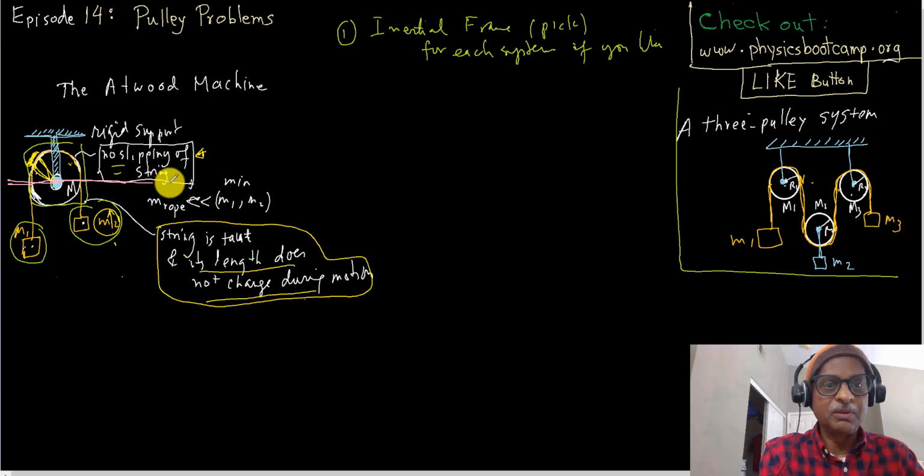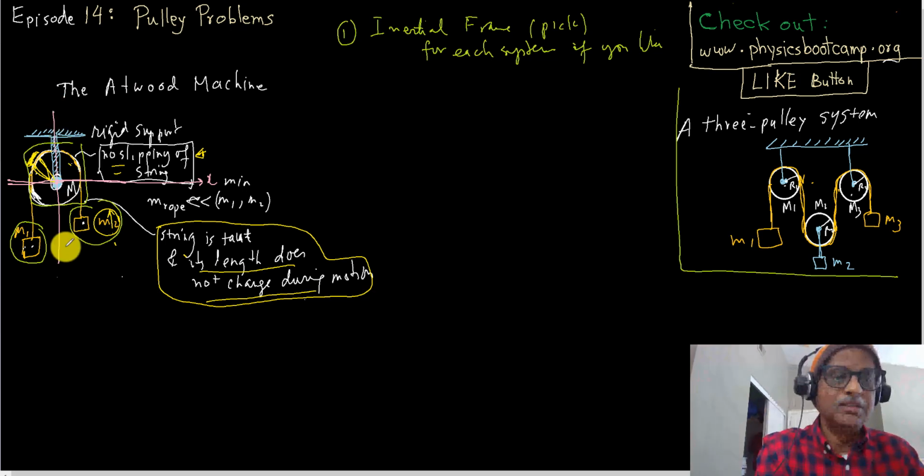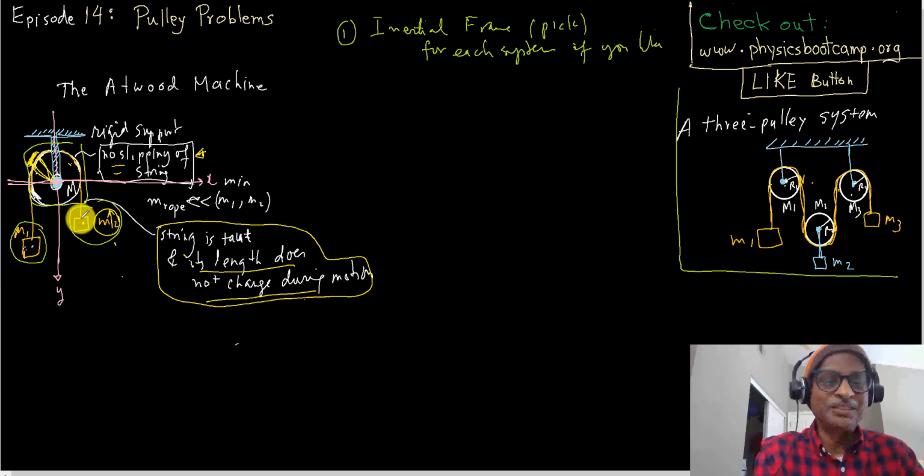So maybe this is the x-axis, and this is not fixed to the axle, it's in space, and let's say down is y, so that these guys have positive y values.